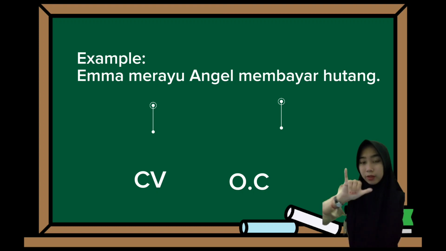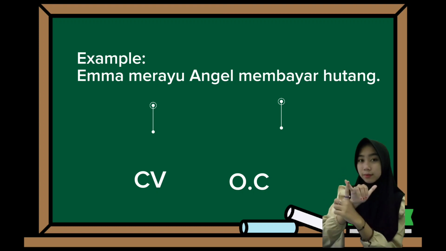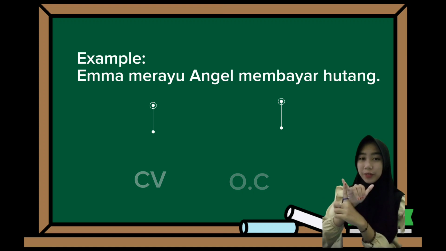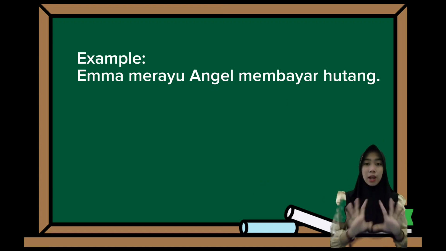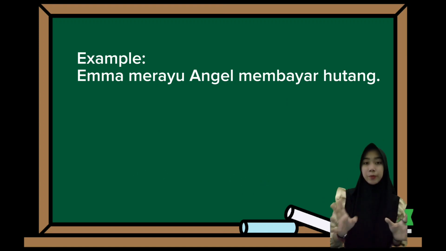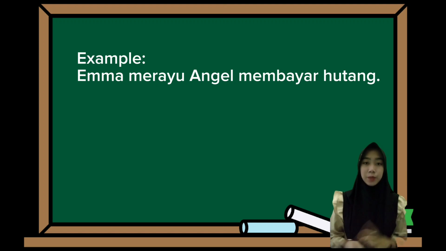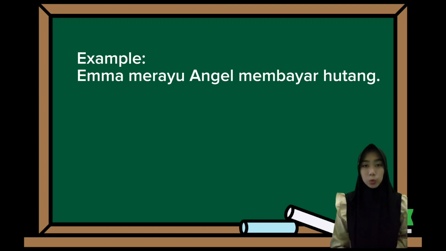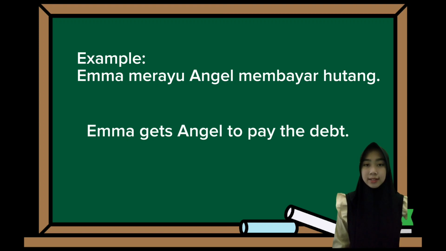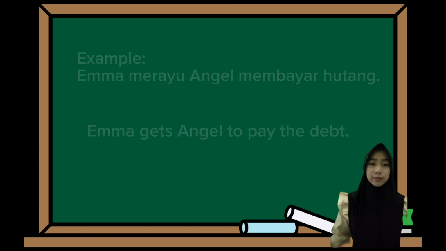If get, the objective complement is, yes, that's right, to infinitive. Because there are no time signals, this is the simple present, and because the subject is singular, the verb is added with s or es, and because it is gets, the English is Emma gets Angel to pay the debt.